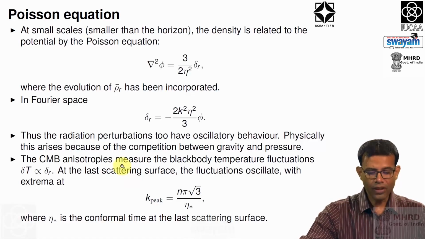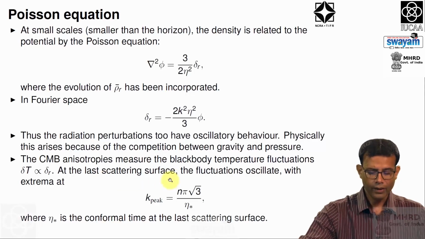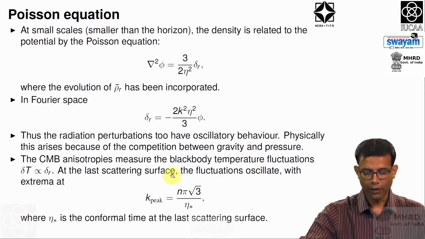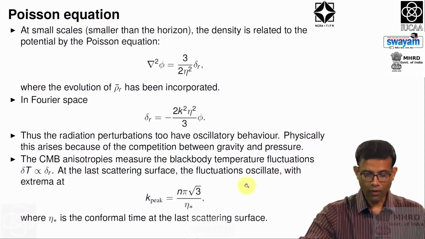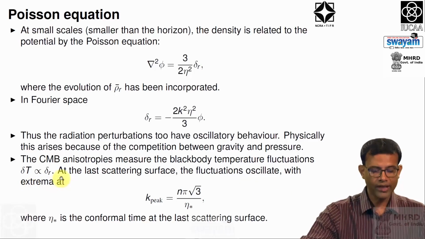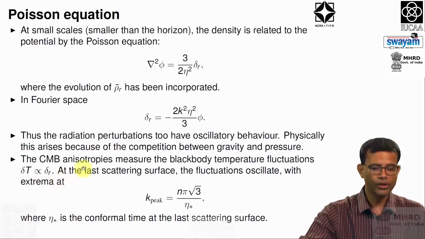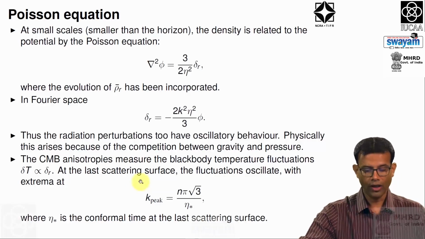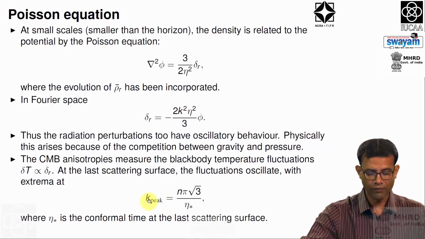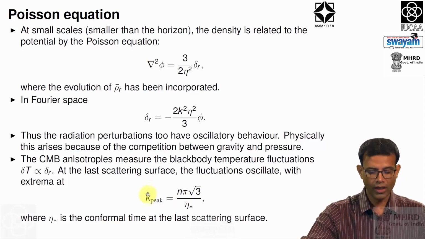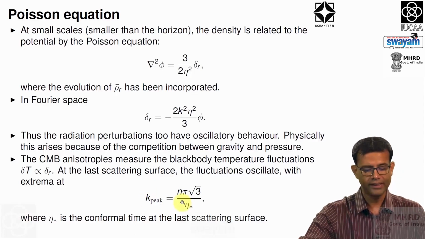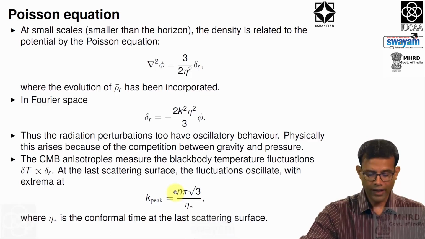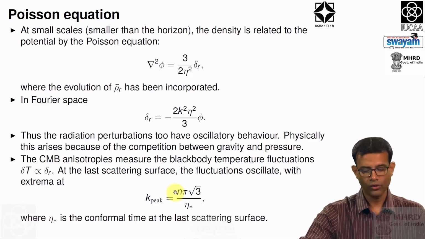So, given that we know the solutions are oscillatory, we can work out how they will look. They will oscillate, go up and down, and we can work out, for example, the positions of the extrema. You can go back to the solution in the previous slide, see where the extrema will occur, and you can show that for a given eta, they will occur at values of k given by this, where n takes values 1, 2, 3 and so on.